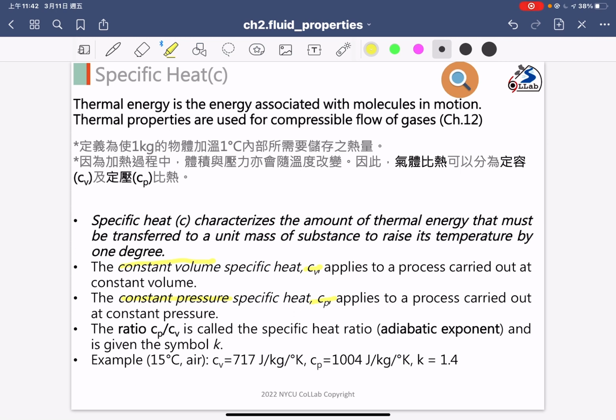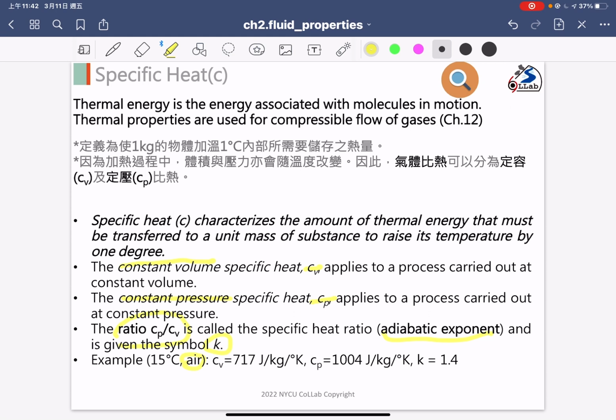So based on the specific heat, we define the ratio between CP and CV, and we call that the adiabatic exponent, and use the symbol K. There are some examples, some important numbers, like for the air.